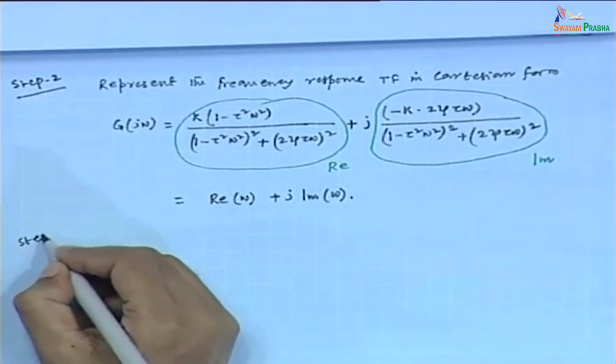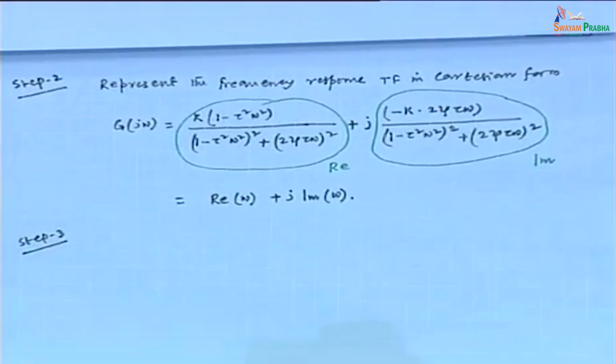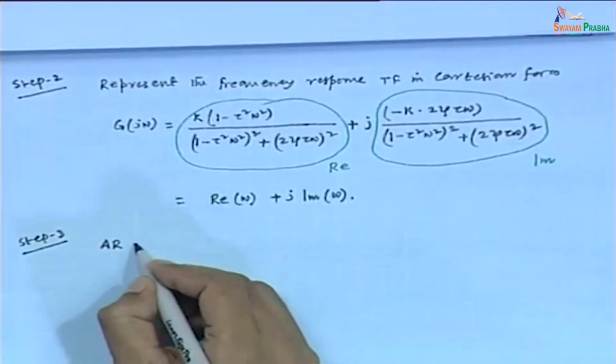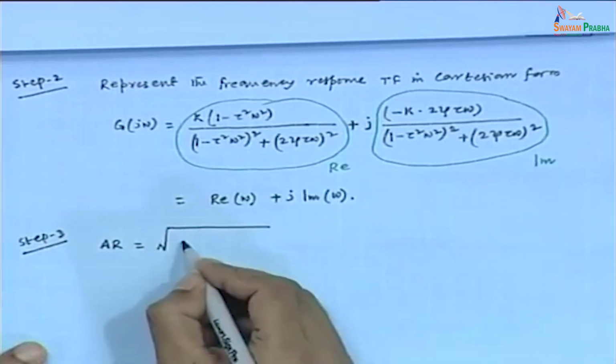Now, in the third step, we find the amplitude ratio and phase angle. Amplitude ratio is determined using this form.